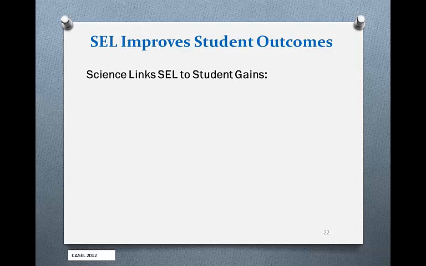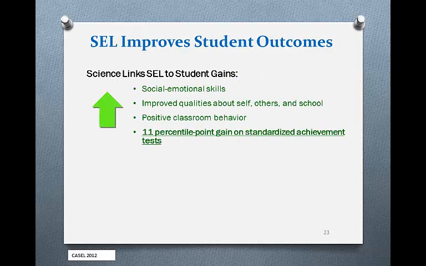SEL does improve student outcomes. First, students saw a gain of social-emotional skills, improved qualities about self, others, and school. We saw an increase in positive classroom behavior and an 11 percentile point gain on standardized achievement tests.